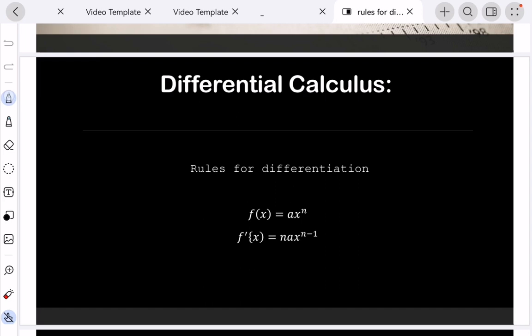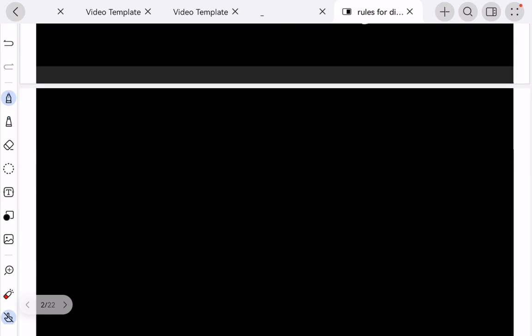So for example, if I have y equals 2x to the exponent minus 3, then my dy/dx will be 2 times minus 3 is minus 6, then minus 3 minus 1 at the exponent is minus 4, right?